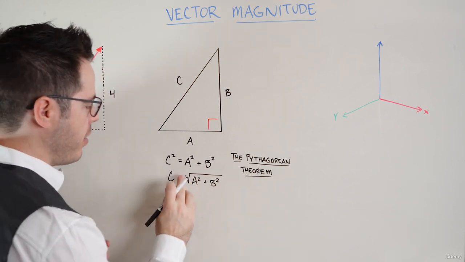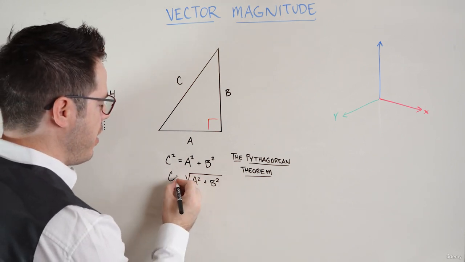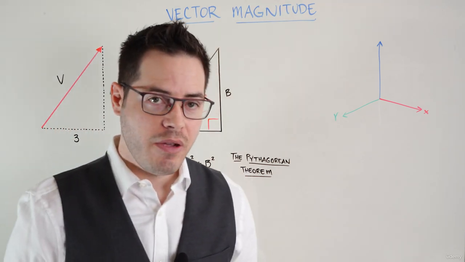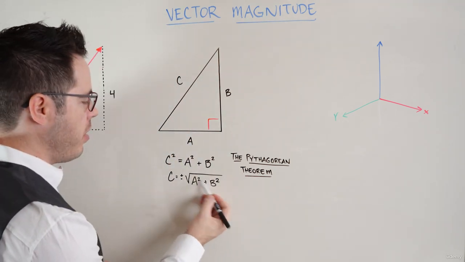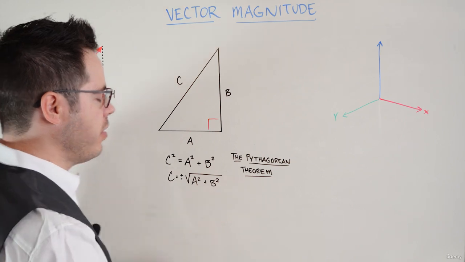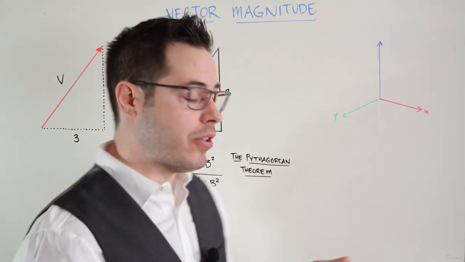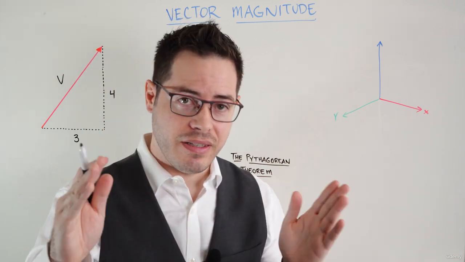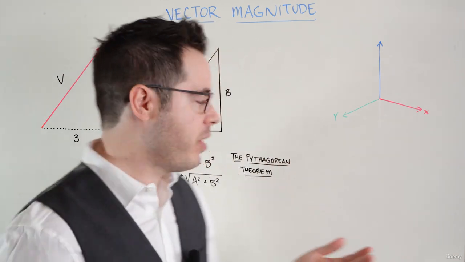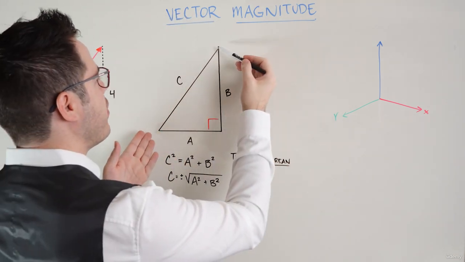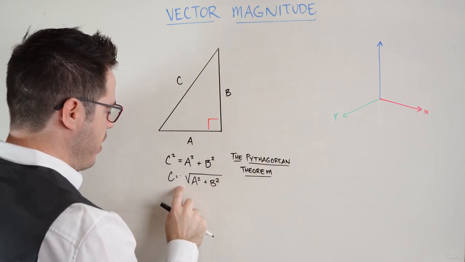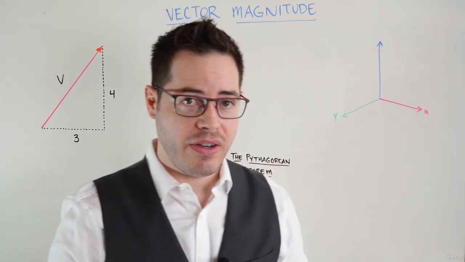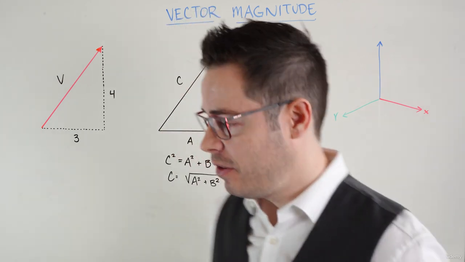Now, in mathematics, the answer to this equation is actually plus or minus the square root of a squared plus b squared, because either plus or minus this value, when you square it, gives you c squared. But when we're talking about lengths and distances, we don't care about a negative because we can't have a negative length. So really, the positive answer is the only answer we care about when calculating the magnitude of a vector.